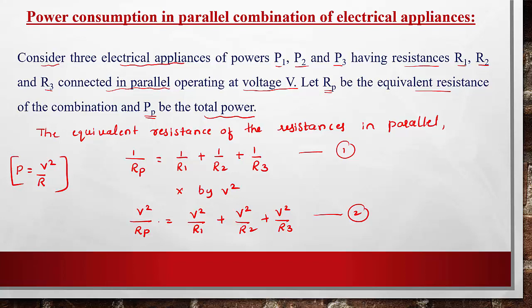So here, instead of V square by Rp, we can write total power because this is equivalent resistor. In place of V square by Rp, we can write total power PP.